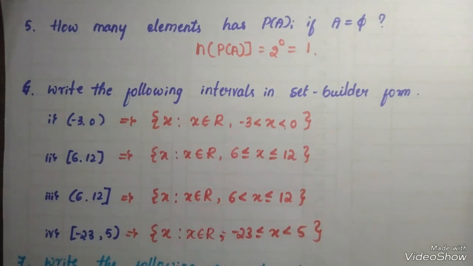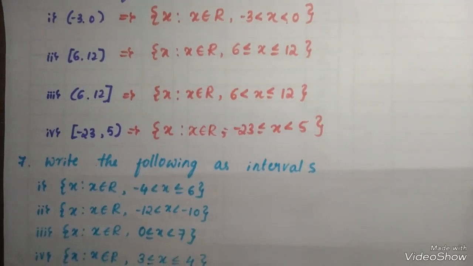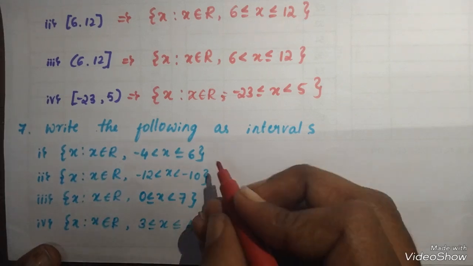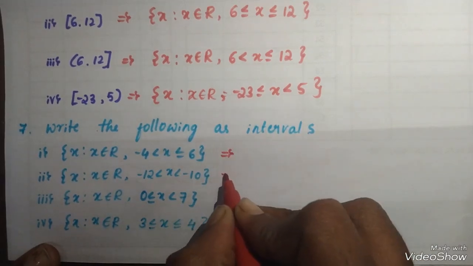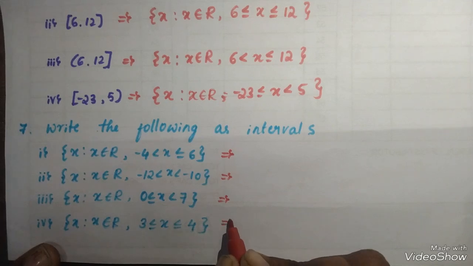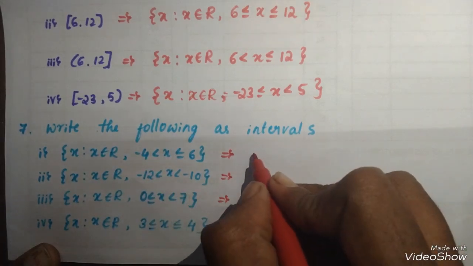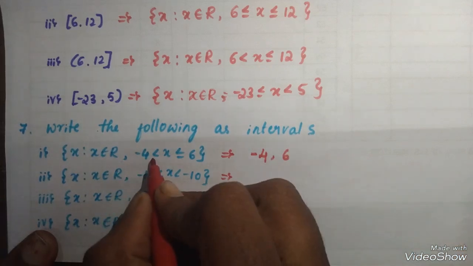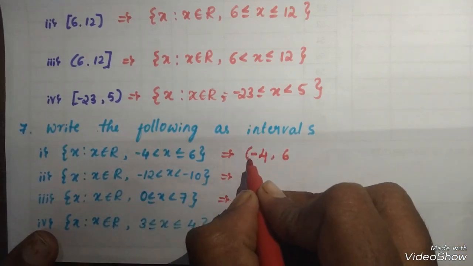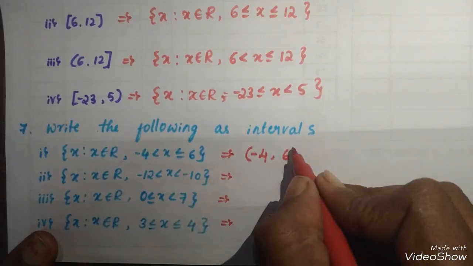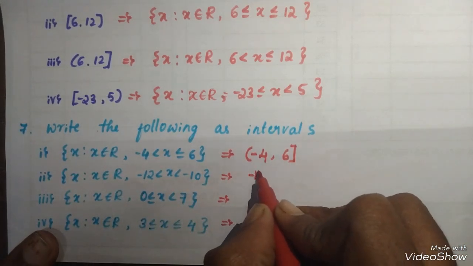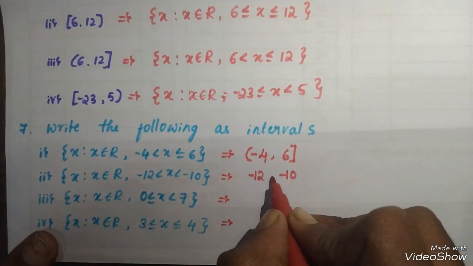Next, question number 7. Write the following as intervals. Now we have to write the interval for these conditions. Here first write the numbers 4, 6. Here less than condition, open interval. Here less than or equal to, closed interval. Next, minus 12, minus 10.